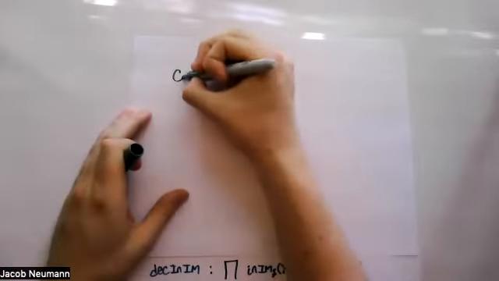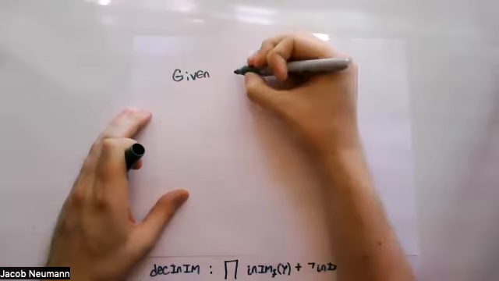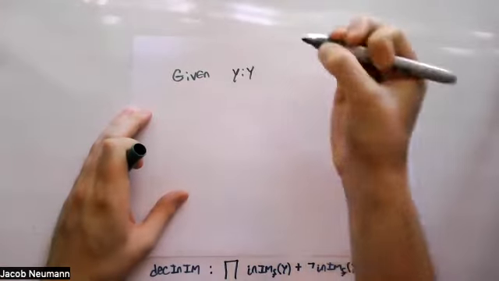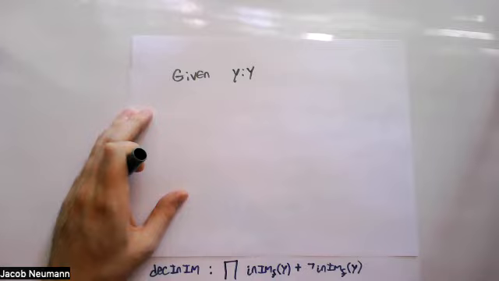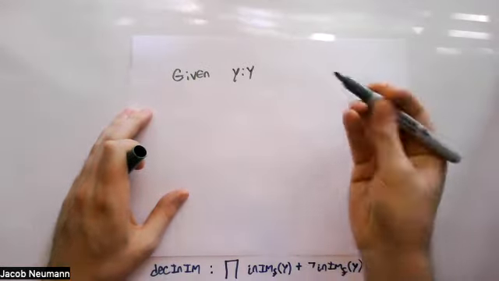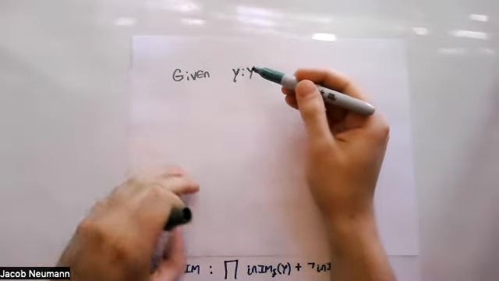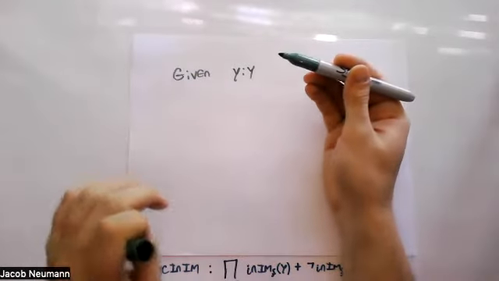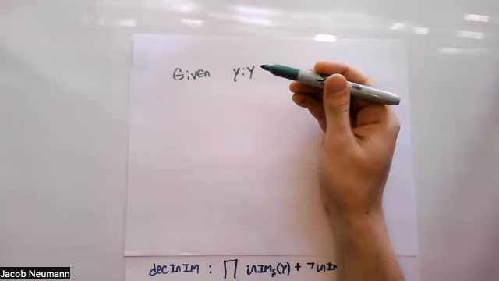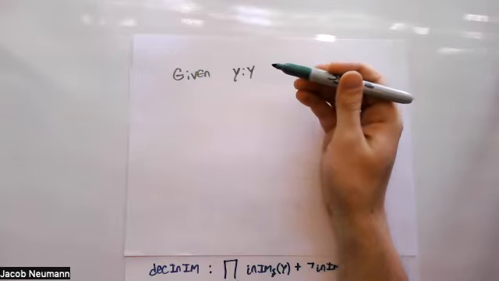So let's say we're given y. Now we want to construct something of this type. And so what we're going to do is essentially pattern match on whether y is hit by f.